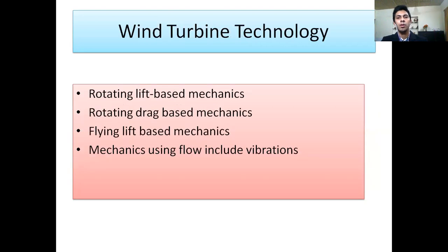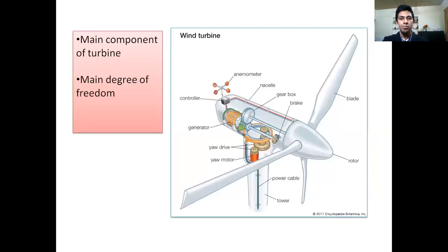Wind technology. Here are the keywords for wind technology: rotating lift-based mechanics, rotating drag-based mechanics, flying lift-based mechanics, and mechanics using flow-induced vibration. We all know the horizontal axis wind turbine, where the energy from the wind is extracted from a rotating shaft parallel to the wind, rotating due to the lift force on the airfoils of its blades.